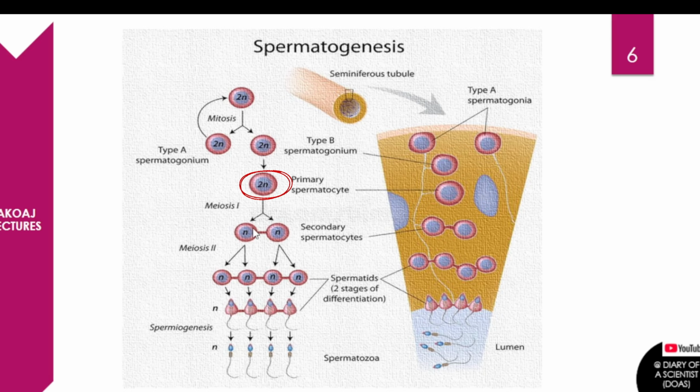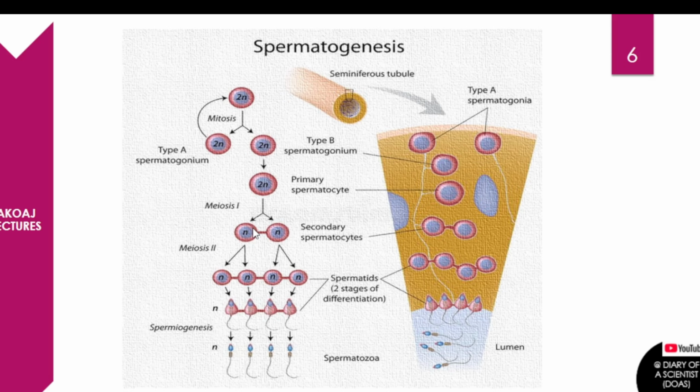Then, the secondary spermatocytes undergo the second meiotic division to form the spermatids. These spermatids then undergo morphological changes, that is, changes in their shape and structure, to form the spermatozoa.